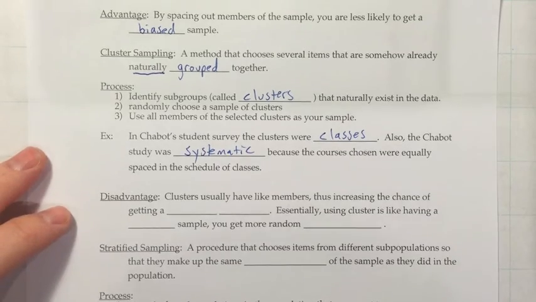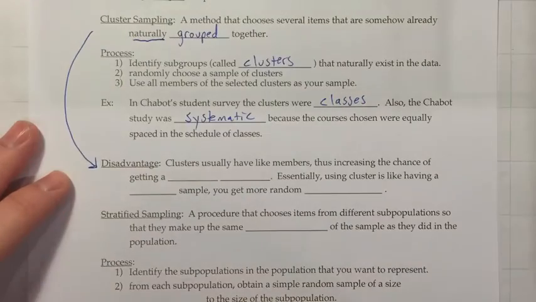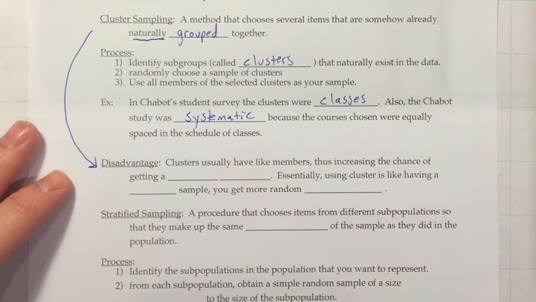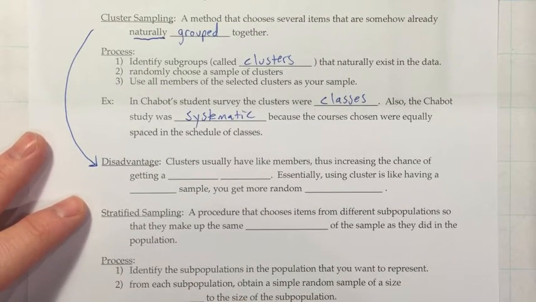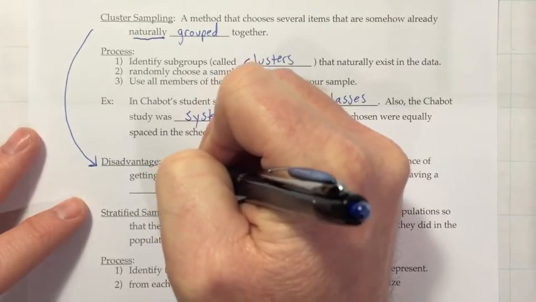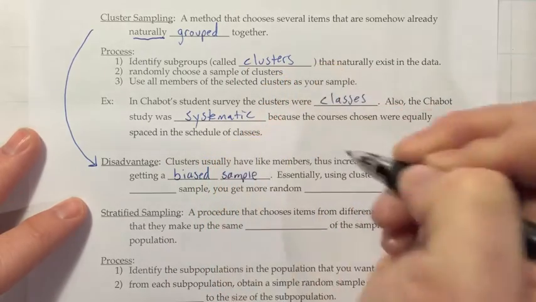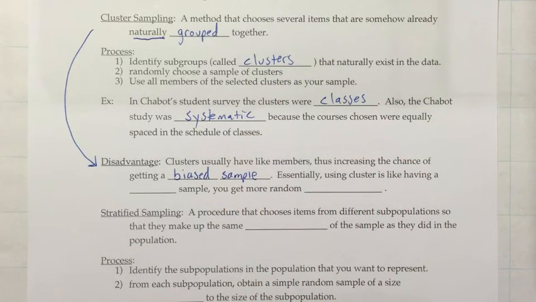Okay, so talking about cluster sampling, that actually is not usually a good thing to see. It causes a disadvantage. Clusters usually have like members in them, thus increasing the chance of getting a biased sample. And if you think about that, the class that you're in right now was not randomly assembled. If it's a class during the day, it tends to have younger students than if it was a class during the evening.